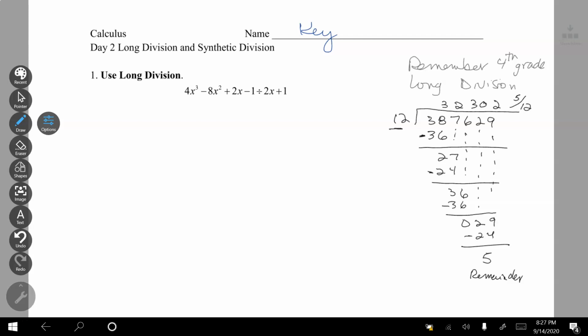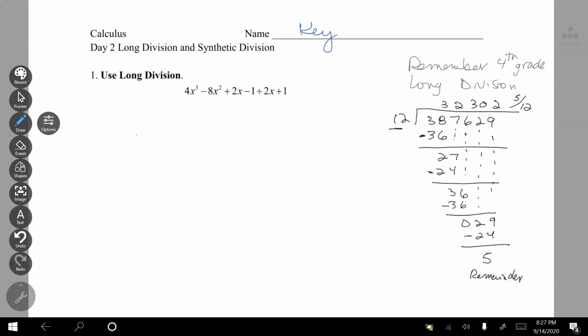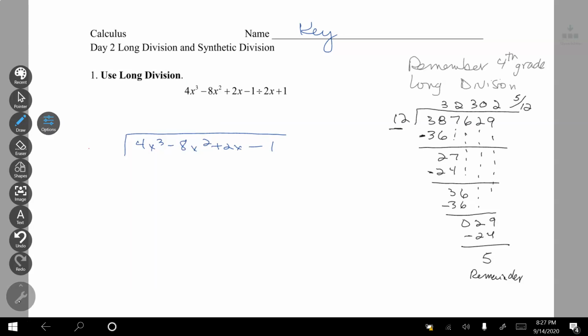Well, it's going to be the same thing here. We're going to set up a long division. It is going to be 4x cubed minus 8x squared plus 2x minus 1. And we're dividing into it 2x plus 1.